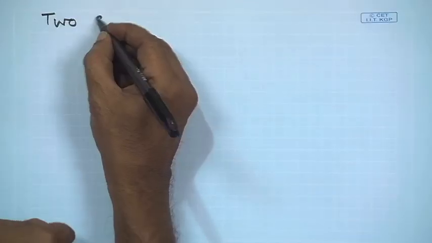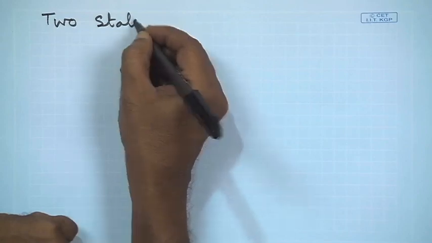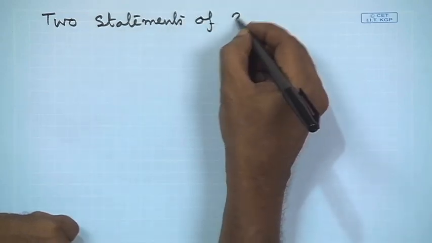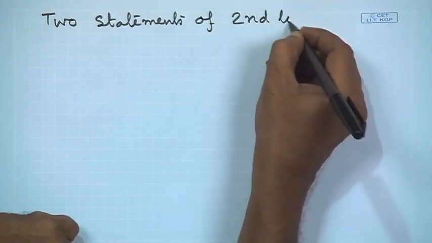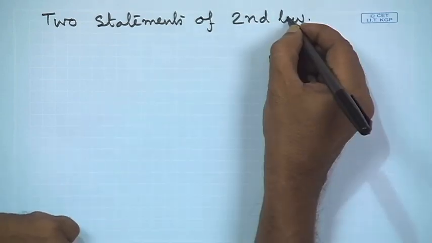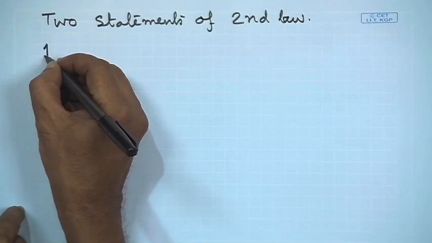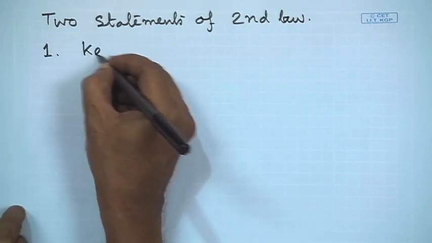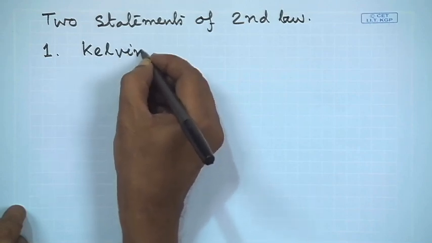So, two statements of the second law. First is the Kelvin-Planck statement.